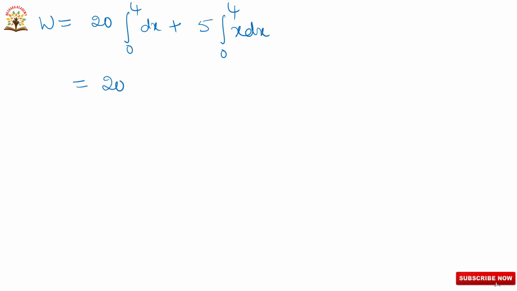So this can be written as W equals, taking 20 constant out, 20 integration of 0 to 4 dx plus 5 integration of 0 to 4 x dx. So that is equals to 20 integration of dx, x with the limits 0 to 4, plus 5 into integration of x dx, x square by 2 (x power n plus 1 by n plus 1) with limits 0 to 4.